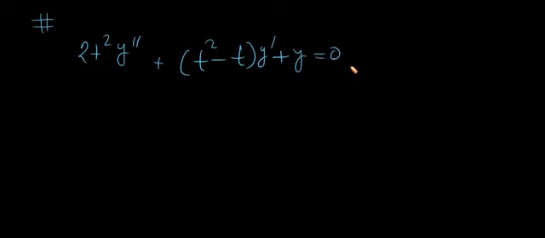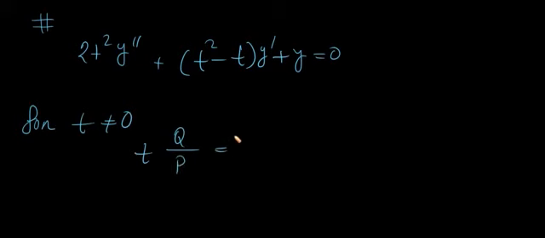For t not equal to 0, we can see that t times q by p, because this is just your p, this is your q, and r is just 1.